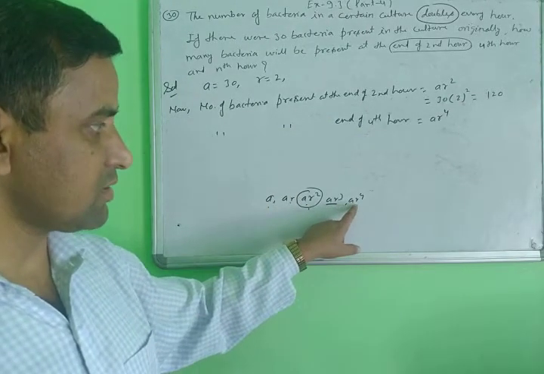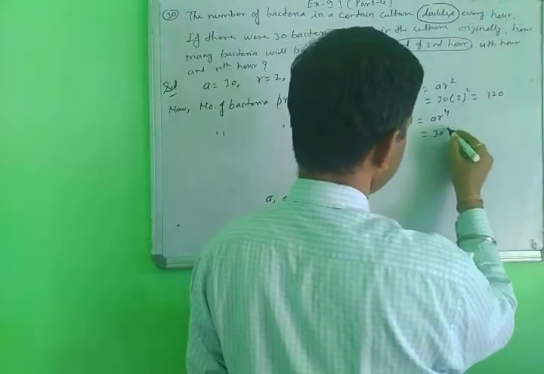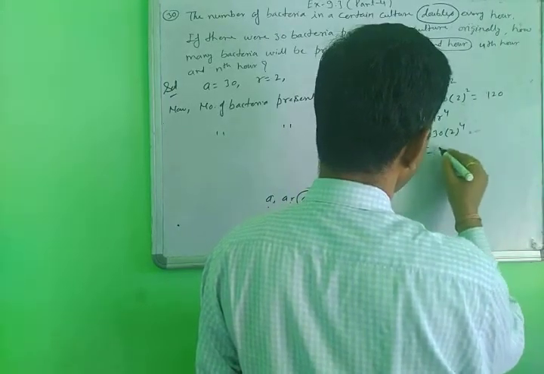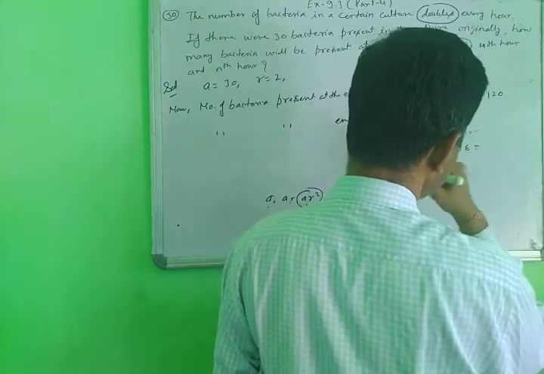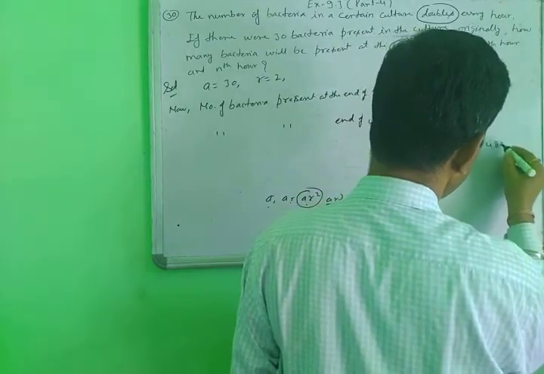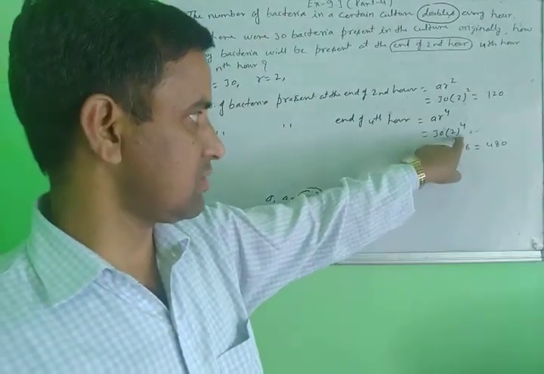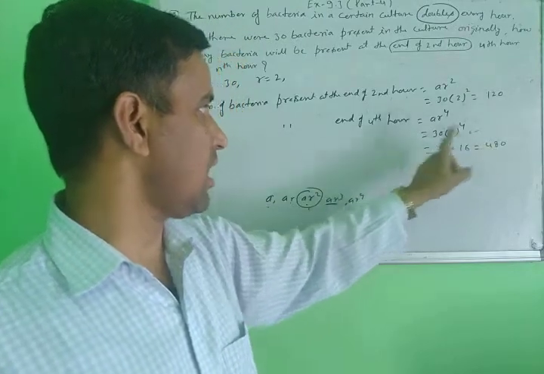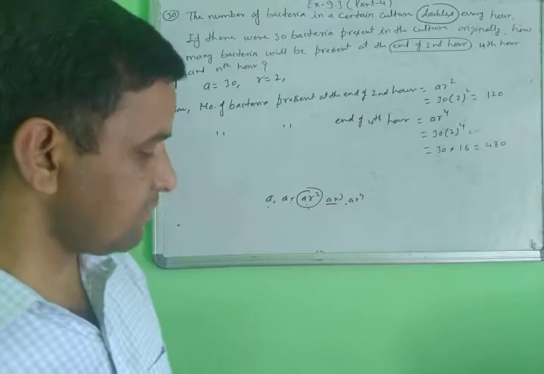End of the fourth hour means fifth term, so you will write here AR4. What will be your 30 and 2 exponent 4? So what result will come? 30 into 2 to the 4, which is 16, gives 480 bacteria after the 4th hour.